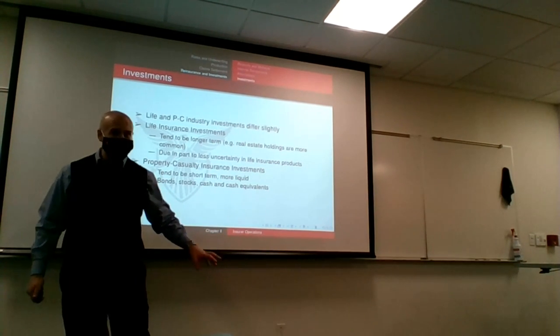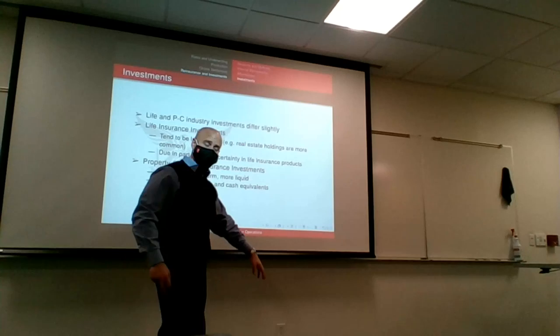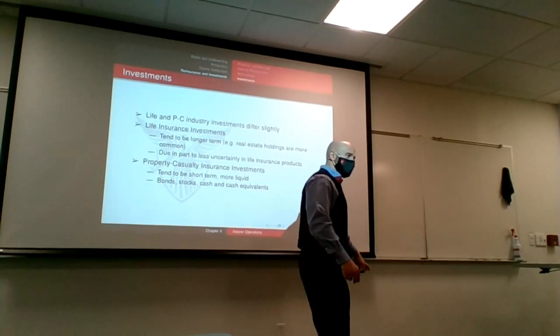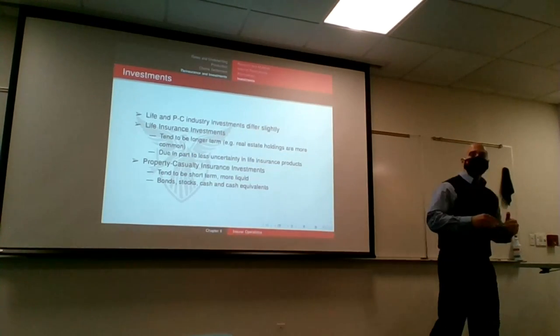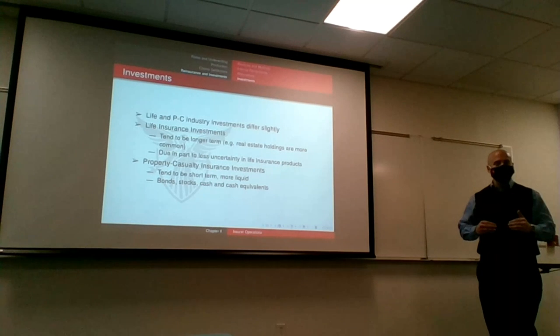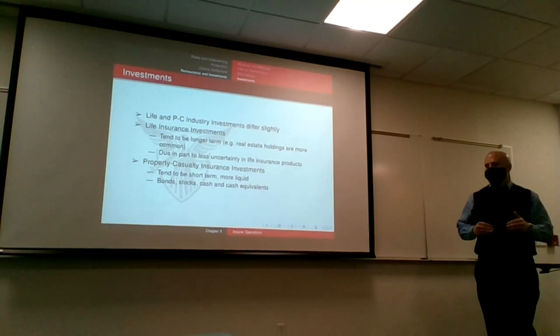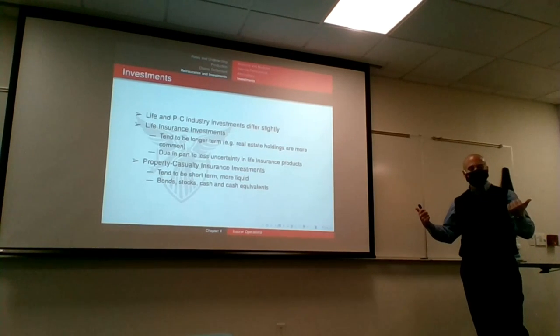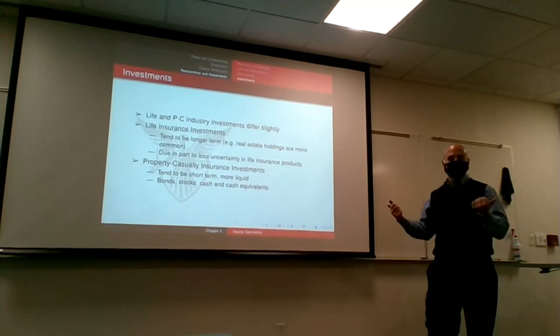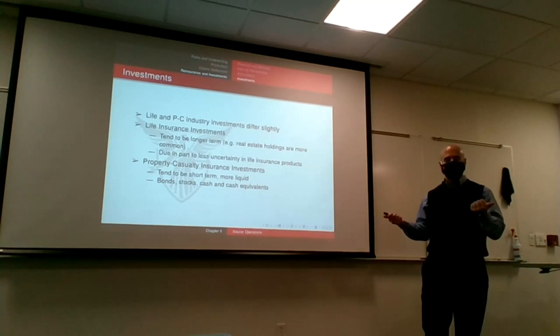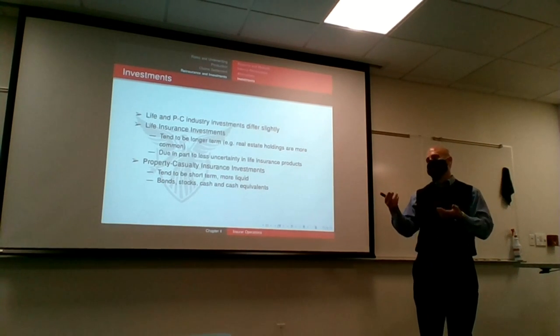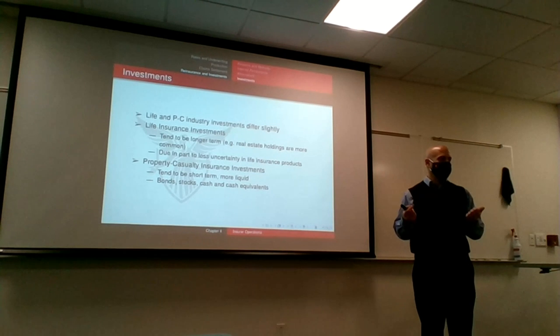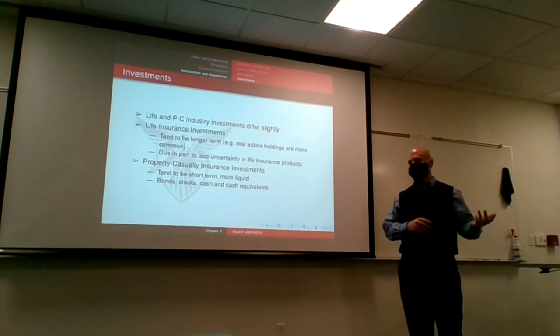Now, the reason for this, which is more important in my mind, is chiefly due to the underlying volatility of these products. For life insurance, we have mortality tables that help us with life and annuity contracts. Those are far more accurate, relatively speaking, than predicting how frequently we're going to utilize director and officer insurance.